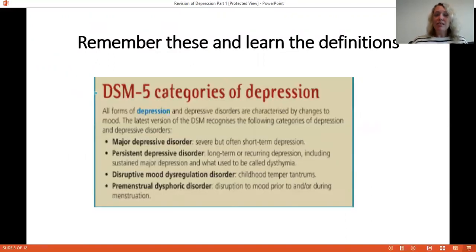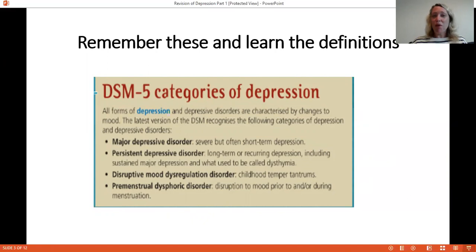Okay, so the first thing to think about is whether or not you know and can explain these 4 different types of depression, all of these from the DSM manual and all that you're expected to know. Now, the key thing I would suggest is that you really think about the words and the language in the terms, because the words themselves give you a clue to what kind of depression it is.